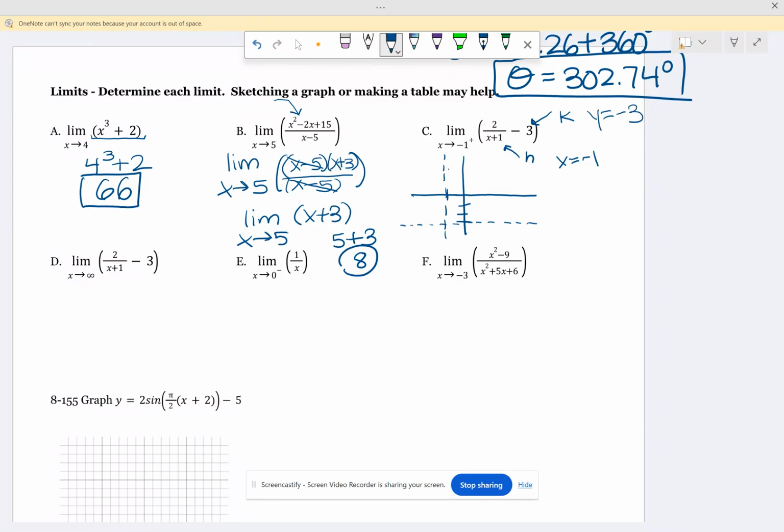And if we remember, we have these two branches that get close to our asymptotes but don't actually touch them. So the question is, what's the limit of this function as x approaches -1, but we're thinking of -1 from the right. So if I'm going from the right and I'm approaching -1, what are those y values approaching? And the answer is infinity.